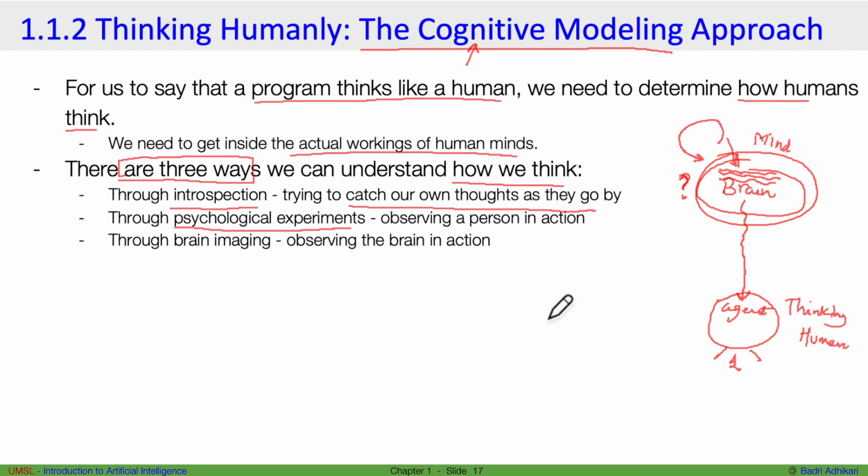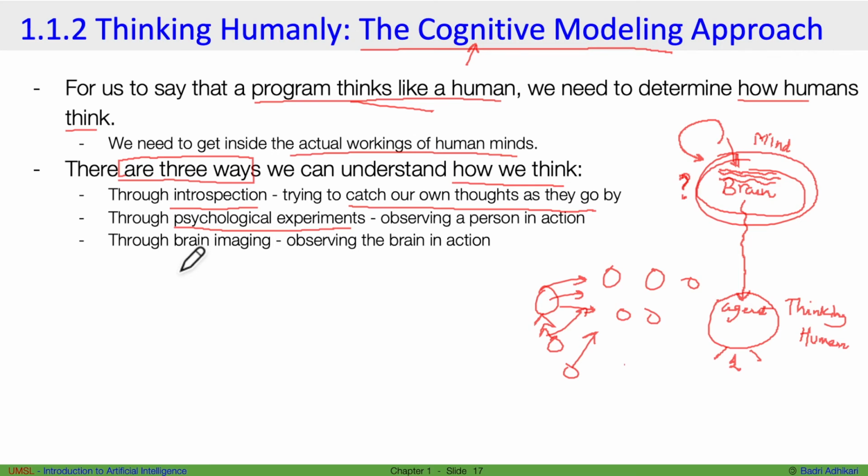The next is through psychological experiments. That is, many people can observe other people or one individual, and devise experiments to see what people do in various circumstances, then come up with a theory about how we think, and then use that as a model to design AI agents.